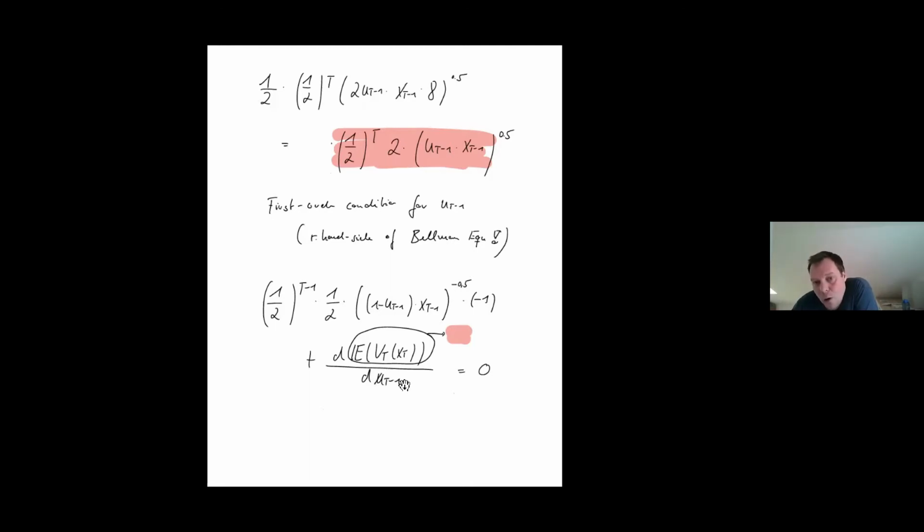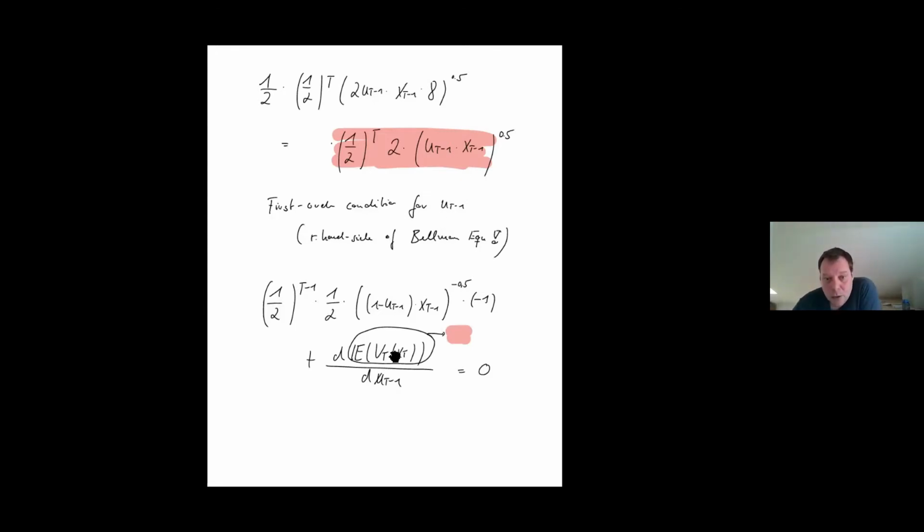But to know how the dynamic effect looks like, we need to know the expected value function at x capital T. But we just calculated that. This is the reddish expression. Okay, but then we are there, right? We can just plug this in and take the first derivative. It's just taking the first derivative of a square root equation, which is not too difficult.